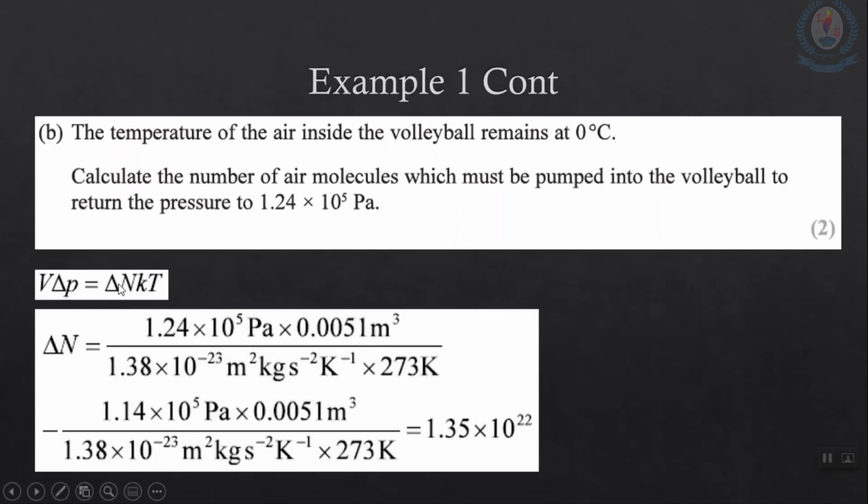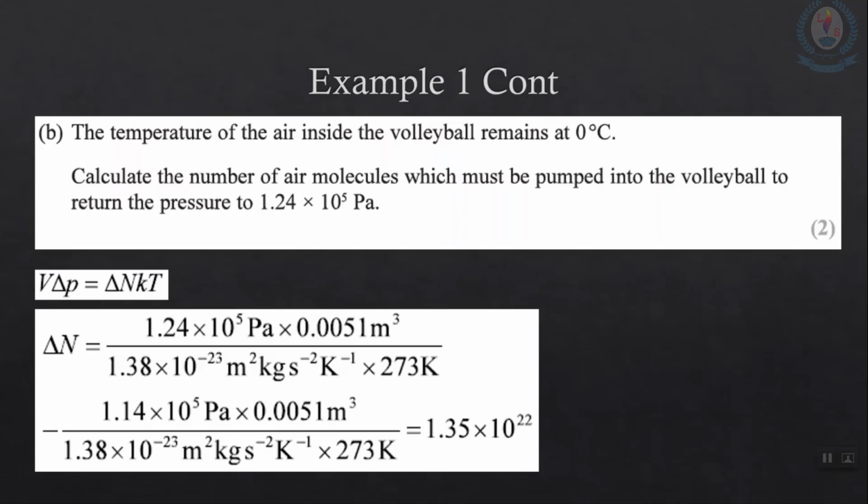So we'll make n the subject, it will be equal to PV over kT. 1.24 × 10^5 Pascal times volume 0.0051 meter cube divided by k. It's a constant, 1.38 × 10^-23, which will be given for you in the formula sheet, multiplied by temperature 273 Kelvin.